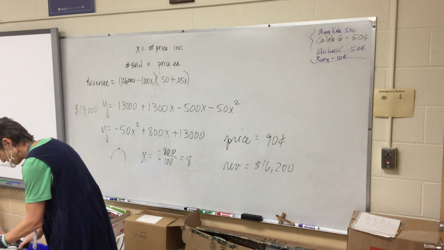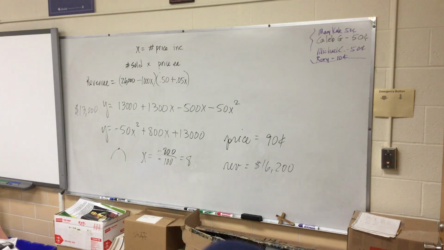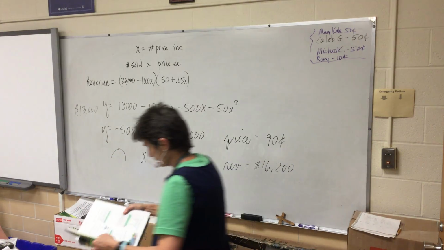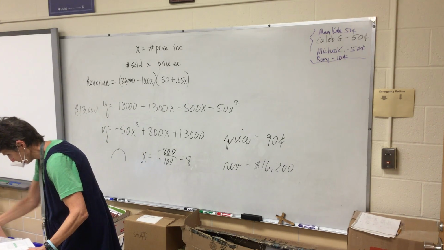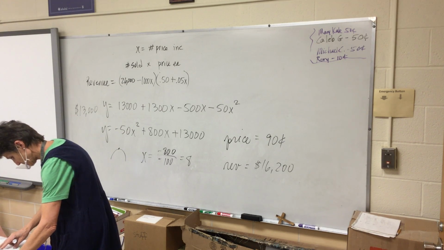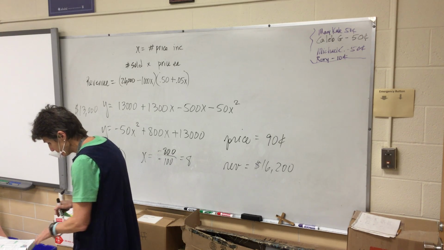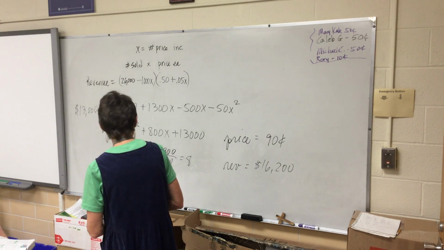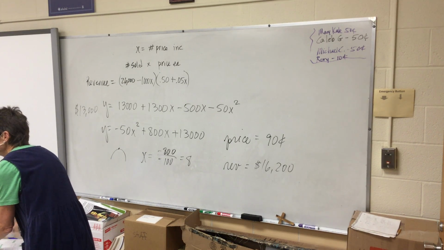All right, number 62. Is a baseball machine. Sandusky Little League, throwing the baseball. Find the equation that models the height of the ball. Oh boy. Anybody remember your projectile motion formula?